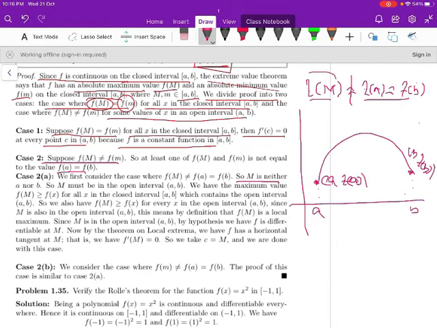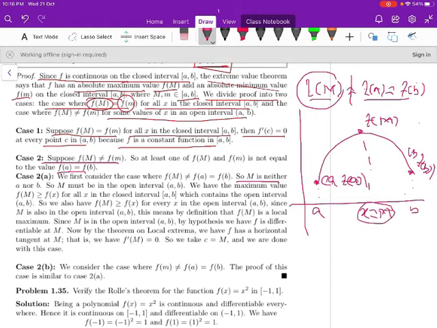Let us take f of M, the absolute maximum value, at x equal to M. This f of M is not equal to either f of a or f of b. Like this I consider. So M must be in the open interval ab.